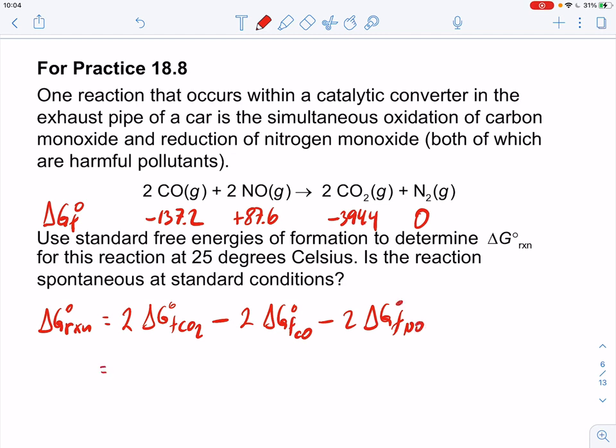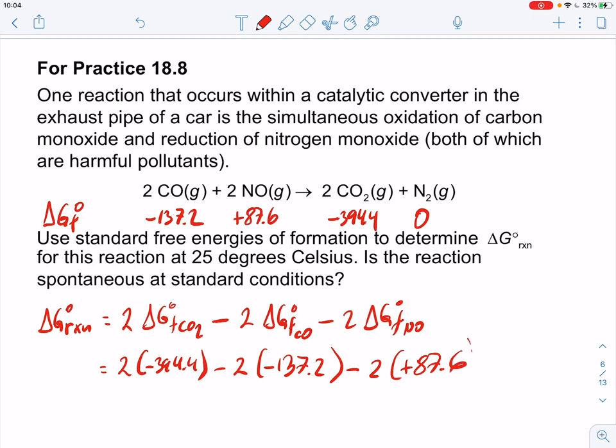This is equal to 2 times minus 394.4 minus 2 times minus 137.2 minus 2 times plus 87.6. Always keep everything in parentheses. The free energy of reaction in this case is going to be minus 689.6.